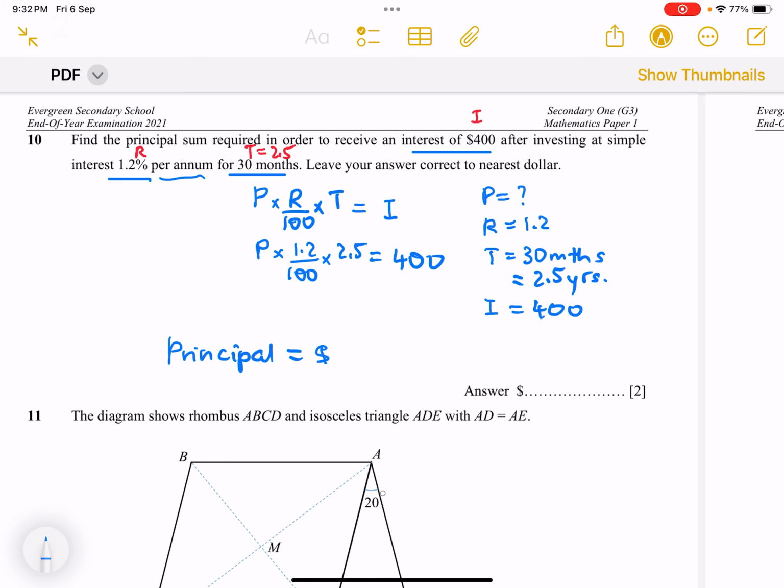Right, so we work out on this side, we have 0.03p, and therefore p is, when we divide, we have 13333. Right, leave your answer to the nearest dollar, so it's 13333.